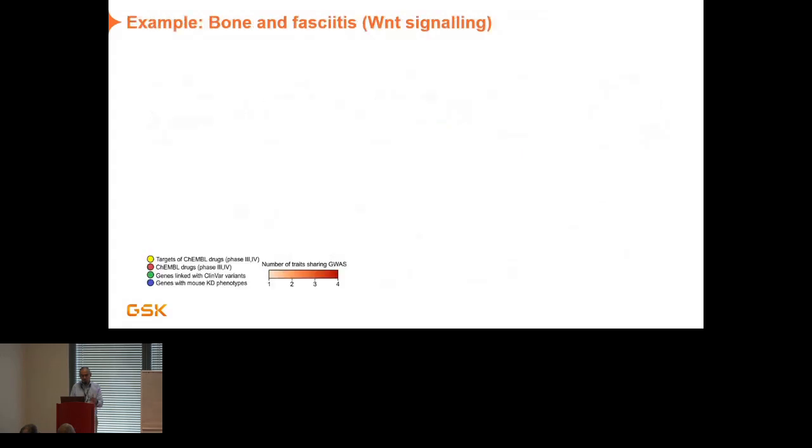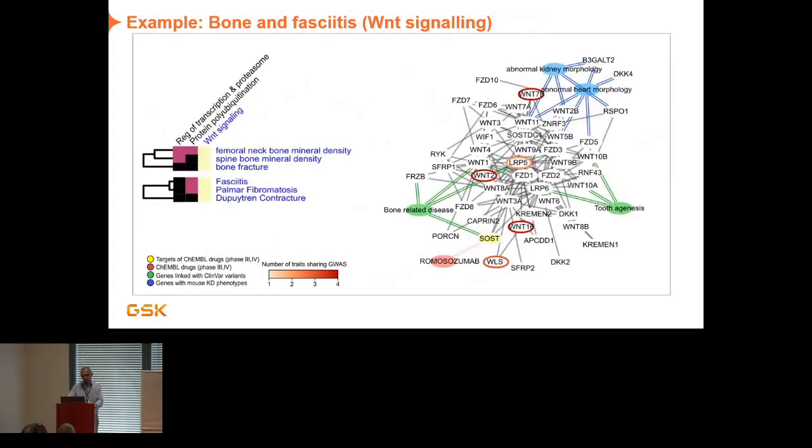Here is just one example I want to give you, bone and fasciitis. You can see the clustering, and that's a module on the right hand side. What you can start to do is also annotate that module. For example, there was a drug, romosozumab, that was targeting one node, one gene in that module.